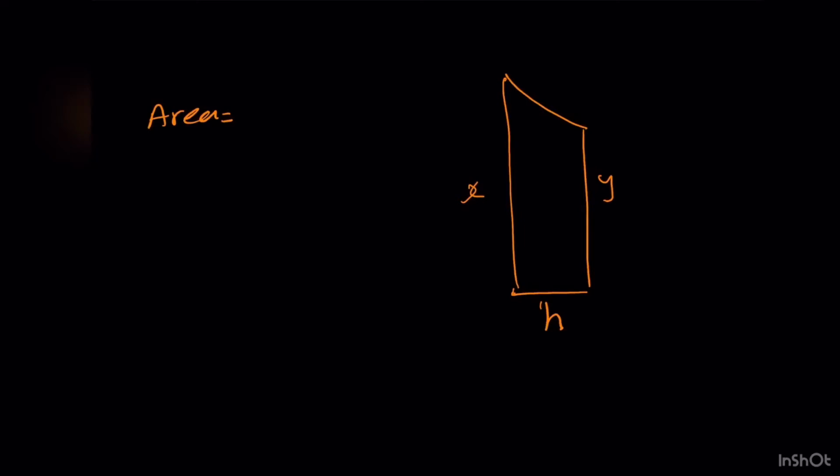That means the average of these two sides, x plus y, divided by 2, so half of x plus y, multiplied by the width, which is the distance between them, h. So the area is 1/2 (x plus y) multiplied by h.